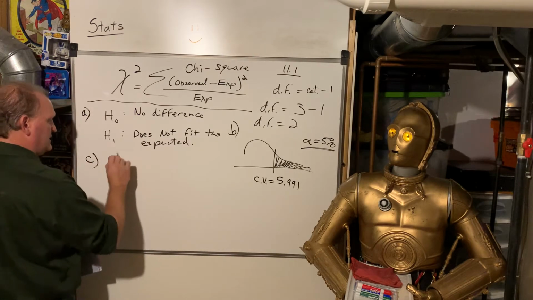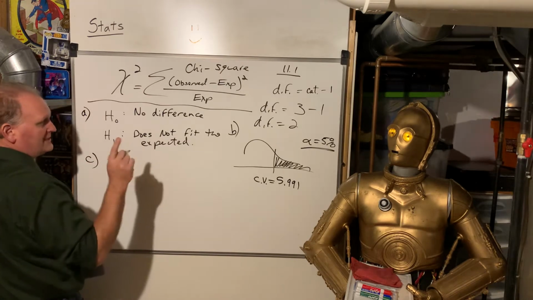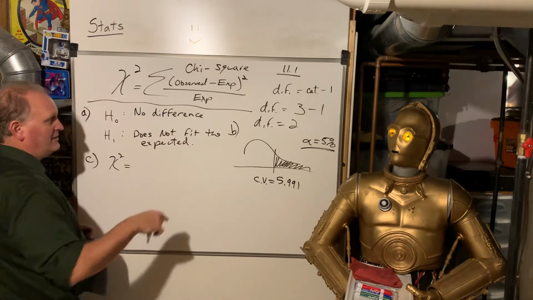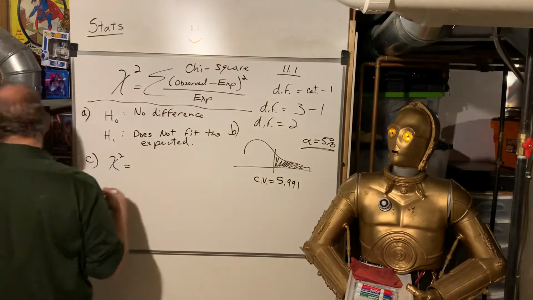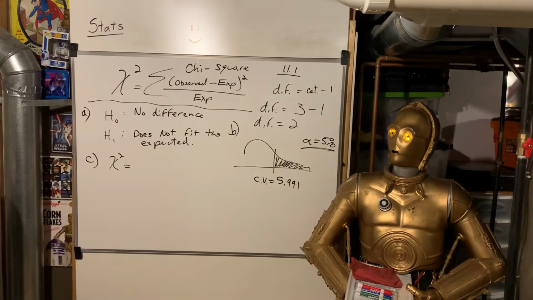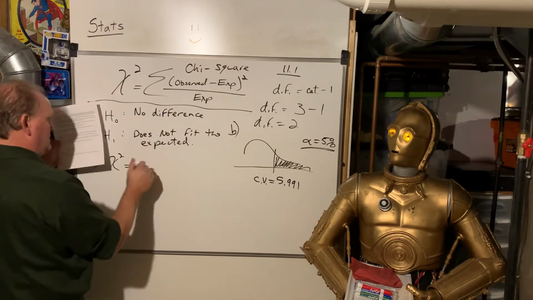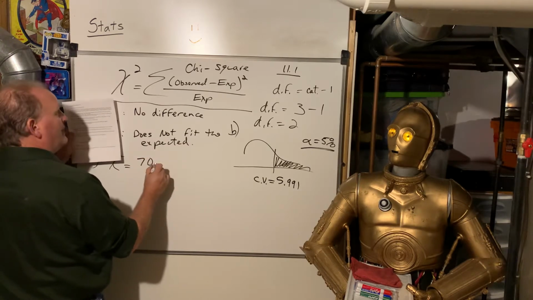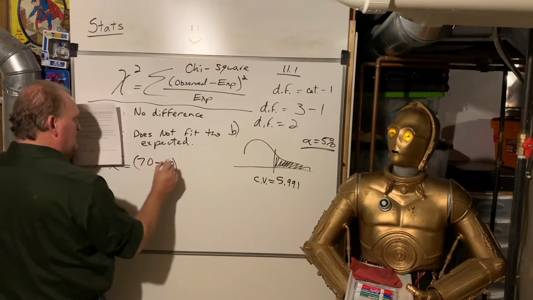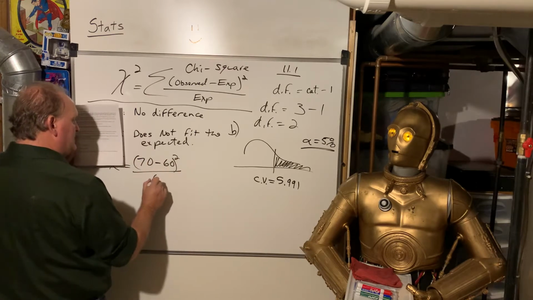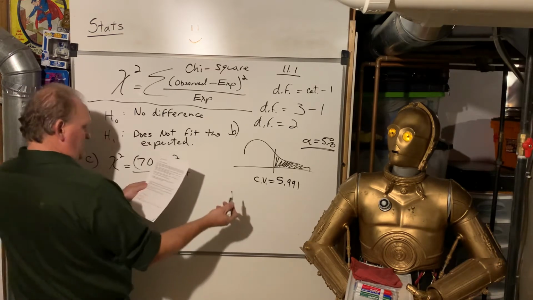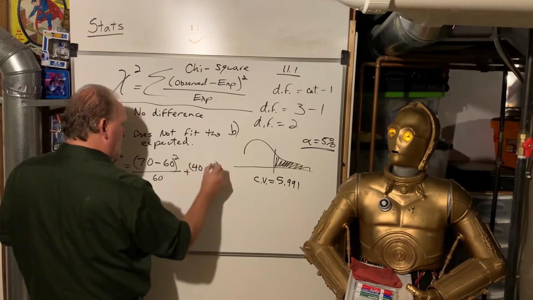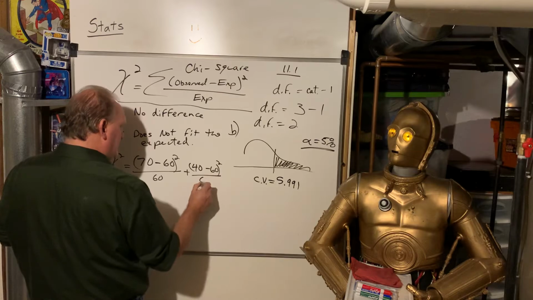So let's do C, find the statistic. The chi-square statistic itself would be the summation of observed minus expected squared divided by expected. And we have just 3 observations. So here, 70 is the observed, minus 60 is the expected. You square that result and then divide by the expected. Plus 40 minus 60 squared divided by 60.